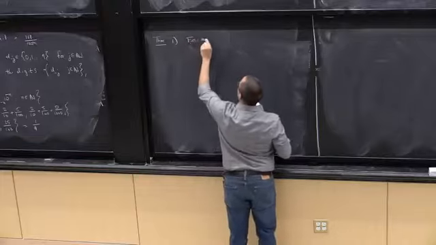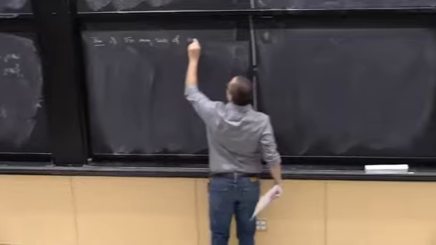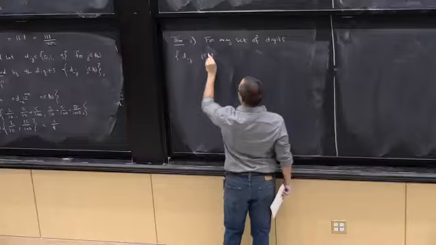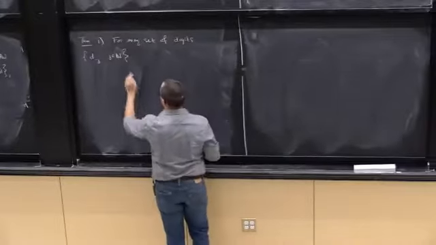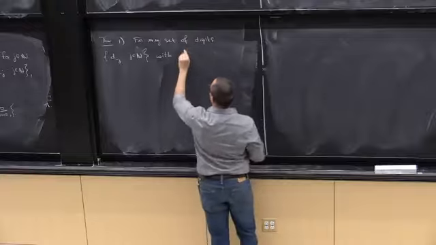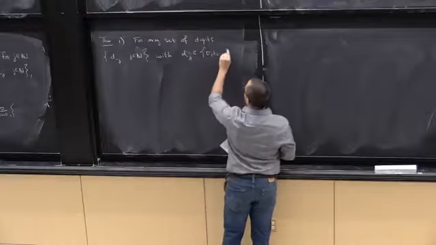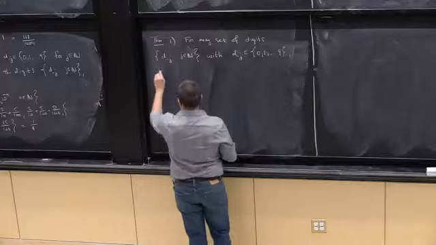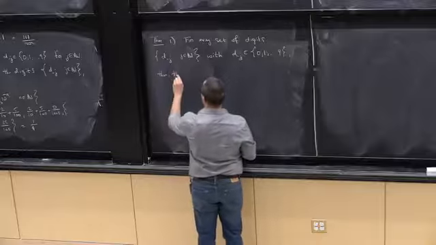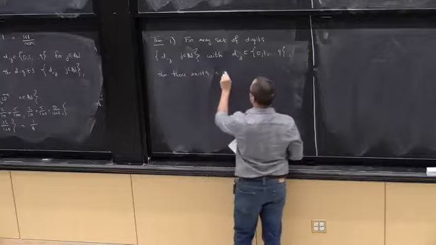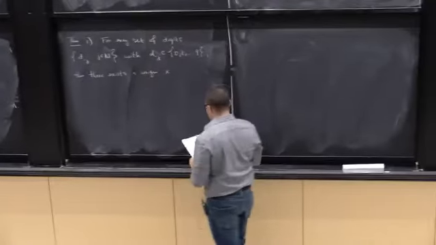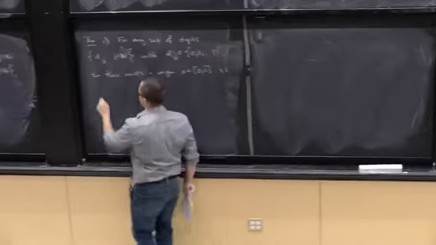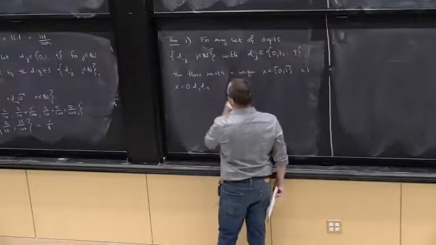So for every set of digits, d minus j, with each of these d minus j's in 0 up to 9, then there exists a unique x in the closed interval 0, 1 such that x is equal to d minus 1, so with this decimal representation.